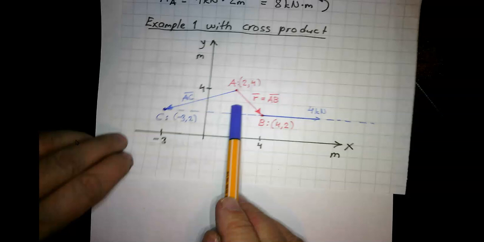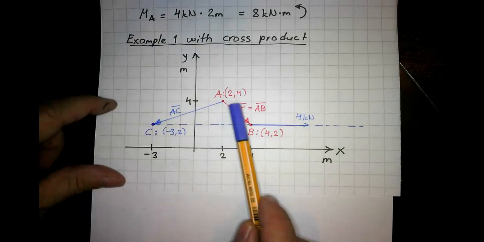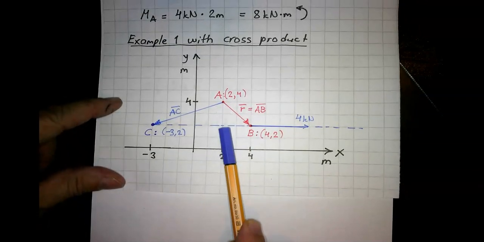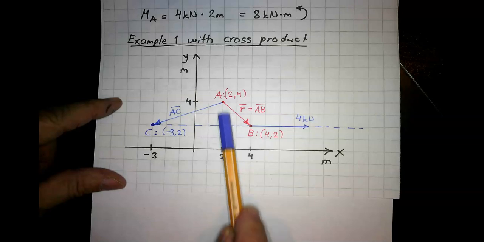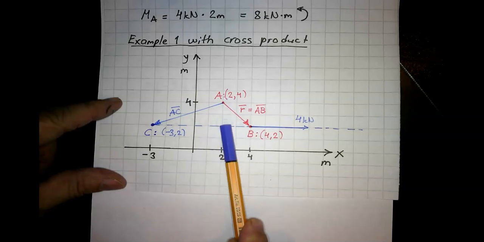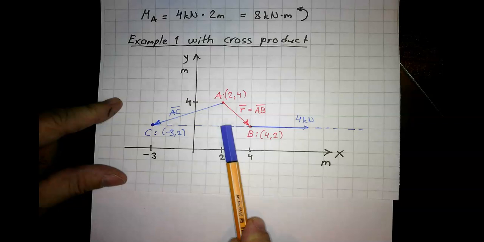For example, in this case we could have chosen the vector which goes downwards, because that will give the R vector a component of 0.